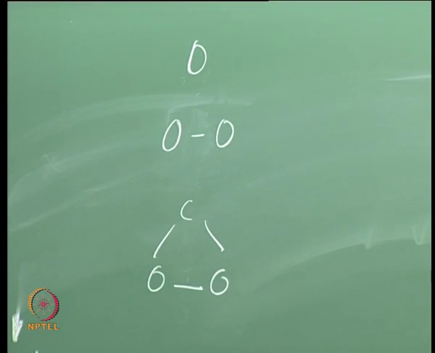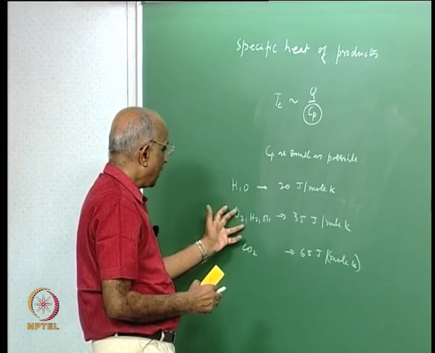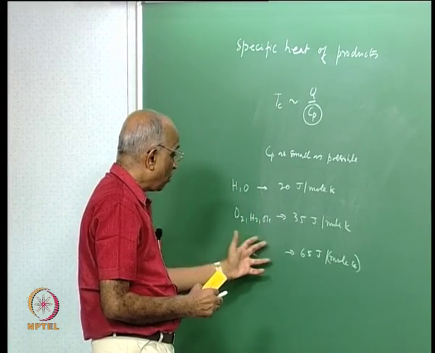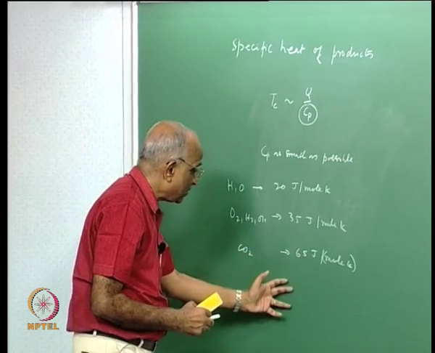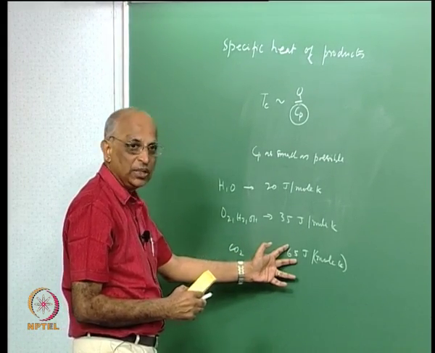Therefore, let us see some values of them. Monoatomic has the lowest, diatomic has a higher value, triatomic has a still higher value, and as I go on, the specific heat keeps increasing.